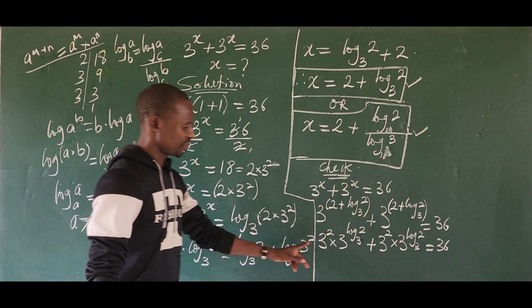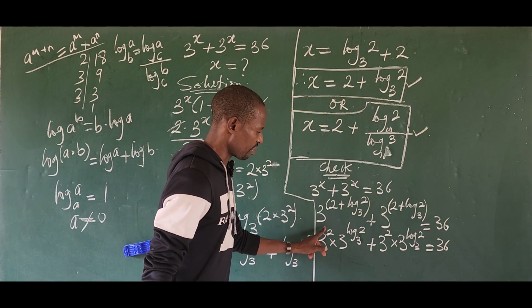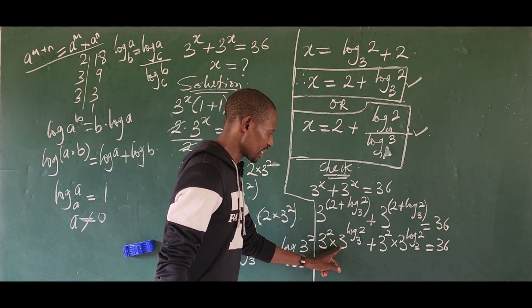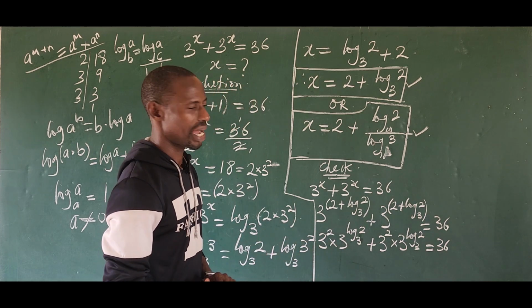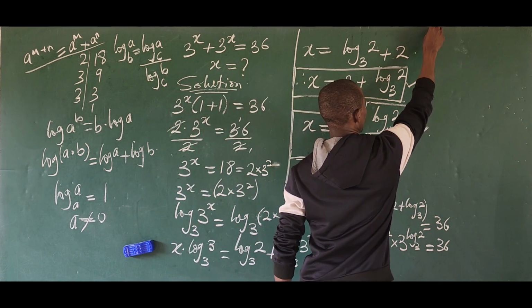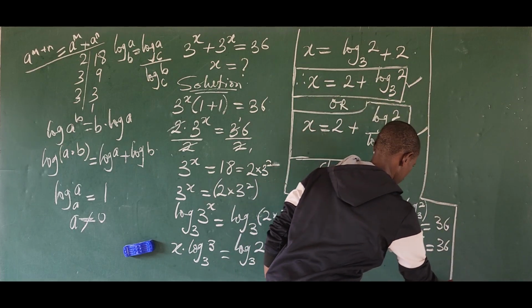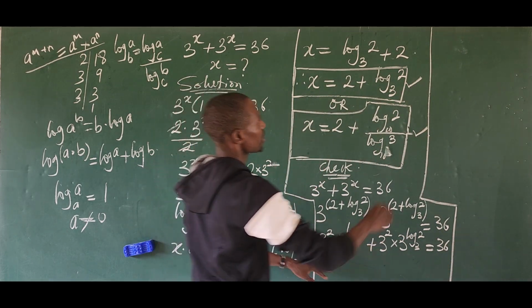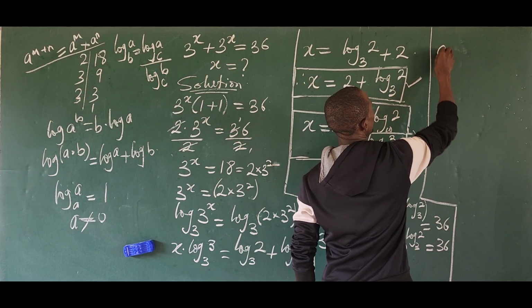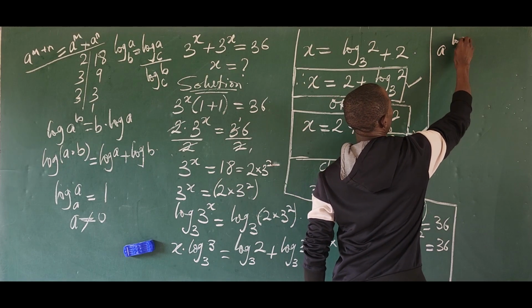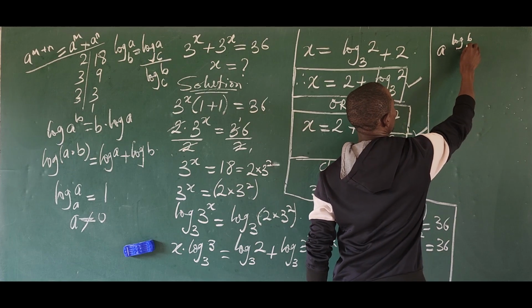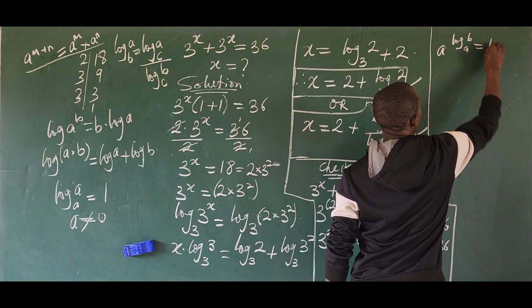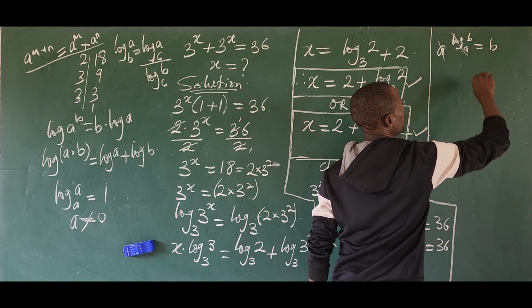Easy. So we know that 3 to the power of 2 is 9. Then what is 3 to the power of log 2 base 3? We apply another law of logarithm. The law says that if you have a raised to the power of log b base a, this is equal to b, because this will go with this.